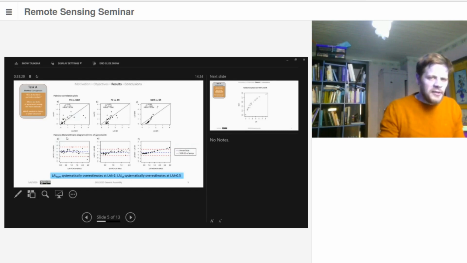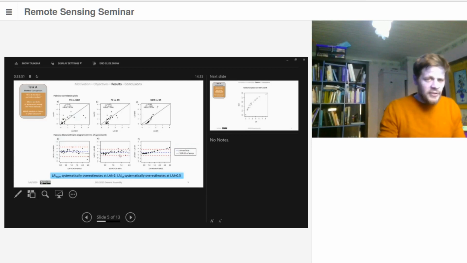And therefore, we went one step further and produced these Bland-Altman statistics. For those of you who are not familiar with them, Bland-Altman statistics are usually used in clinical studies, when you would like to test a new diagnosis method in comparison to an older one, and you want to know how much the results will be biased by the new method in comparison to the old method.